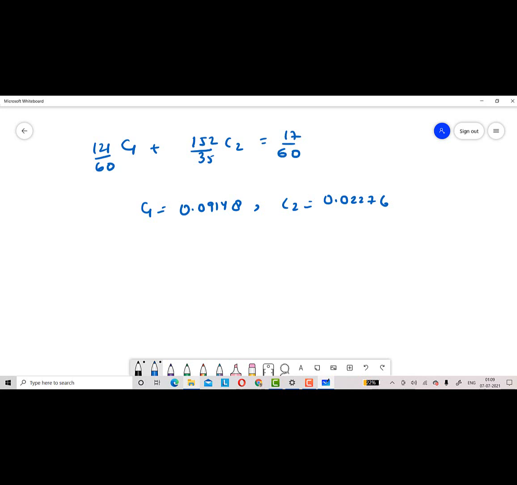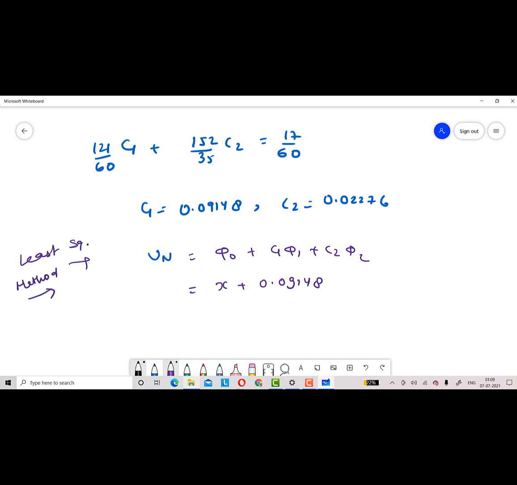First of all, we already know how to write the solution. We write it this way: phi naught plus C1 phi 1 plus C2 phi 2. Phi naught we already knew is x, plus C1 is 0.09148. We are doing this solution for the least square method only. You can do the rest by yourself.